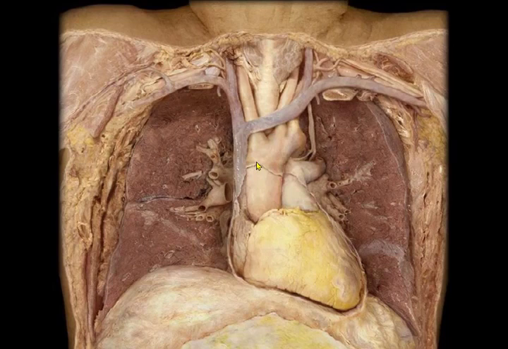The three big arteries coming from the arch of aorta: this is the arch, this is the brachiocephalic artery, this is the left common carotid, and this is the left subclavian. We can see here the trachea. We can see the left vagus nerve, giving the left recurrent laryngeal nerve winding below the arch of aorta.